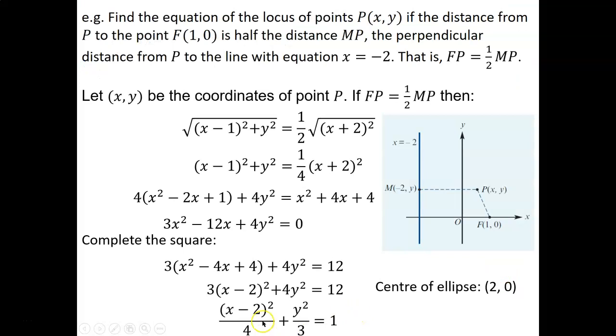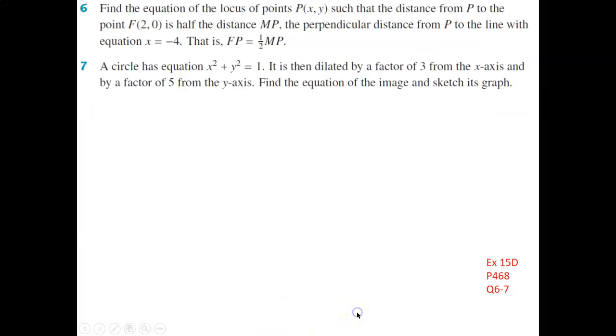And we can see that these won't be its intercepts, but its width is going to be 2, and its height is going to be root 3. Okay, so now you can have a go at questions 6 and 7. And these are the answers.